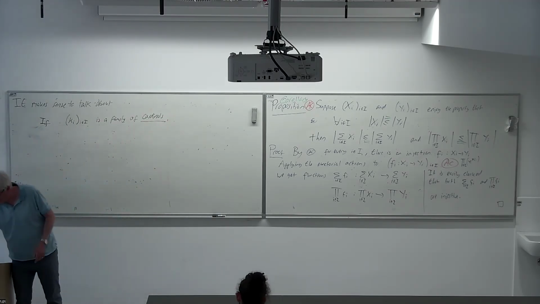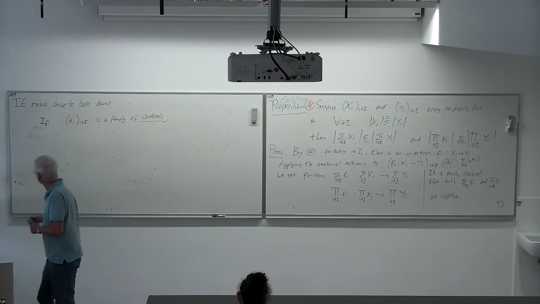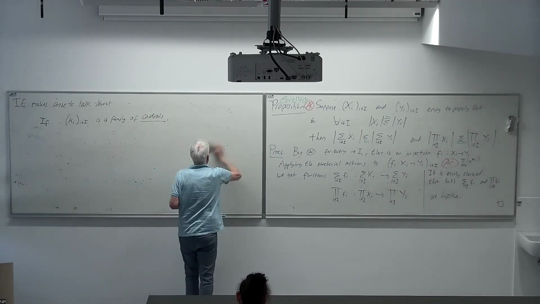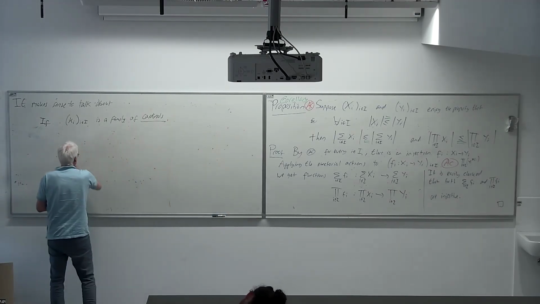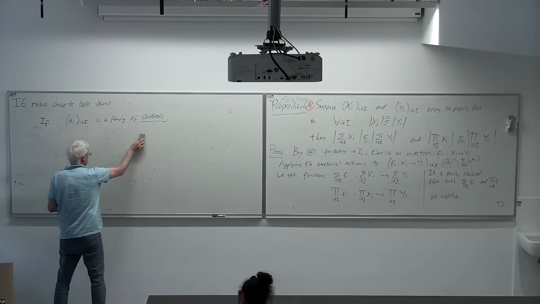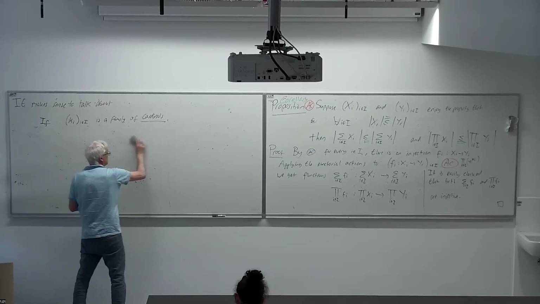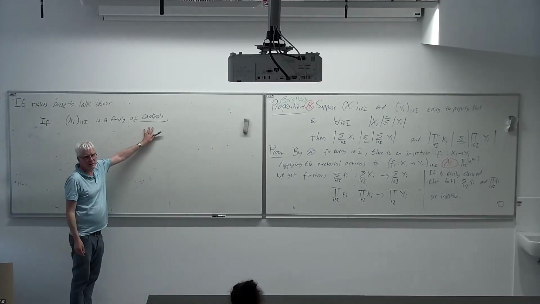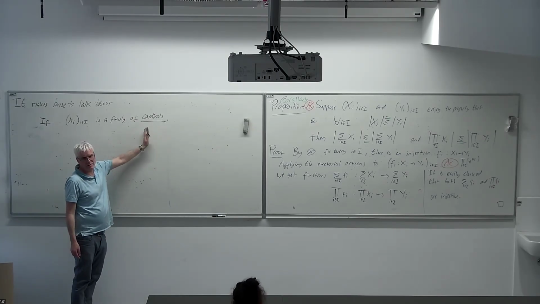Now, what do I mean by this? So we know that every infinite set has cardinality in Aleph, and finite sets, we know their cardinalities are natural numbers.